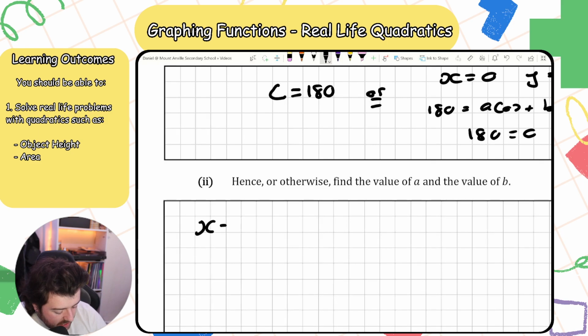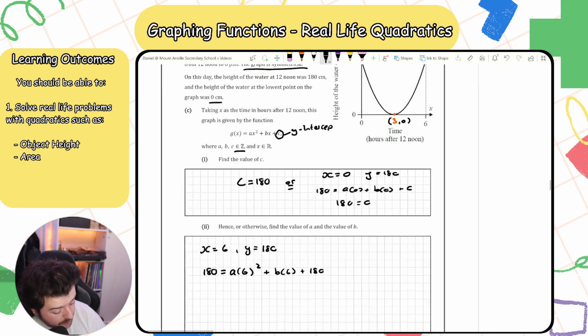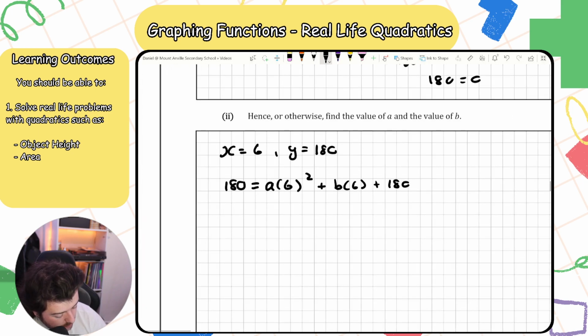First one, so x equals 6, y is equal to 180. So 180 is equal to a times 6 squared plus b times 6 plus 180. So we're going to have 180 is equal to 36a plus 6b plus 180.